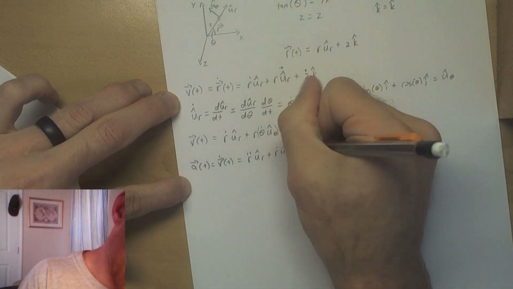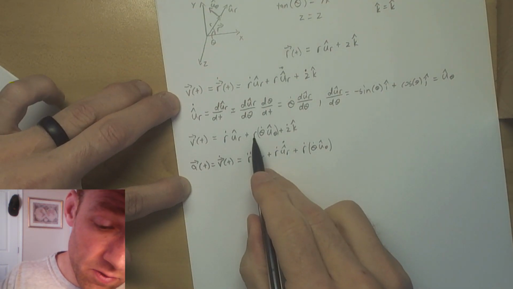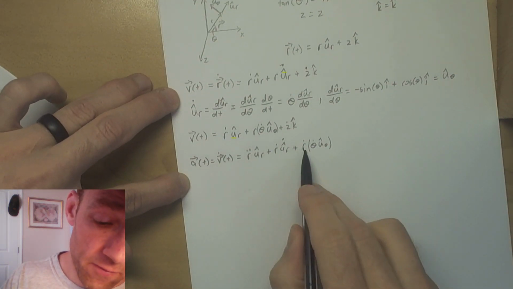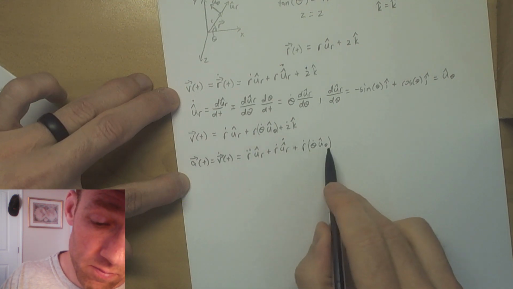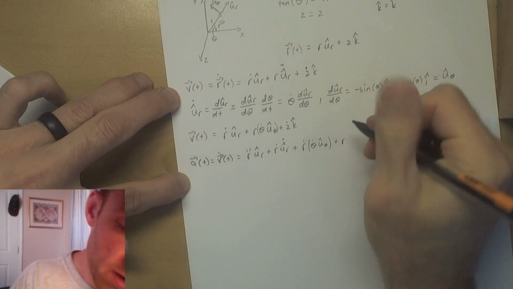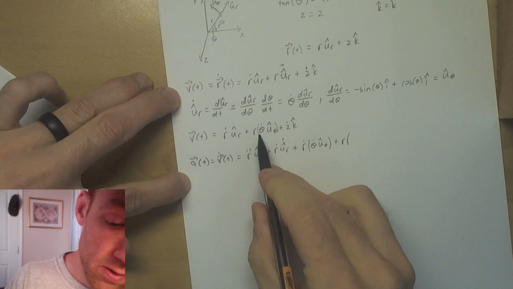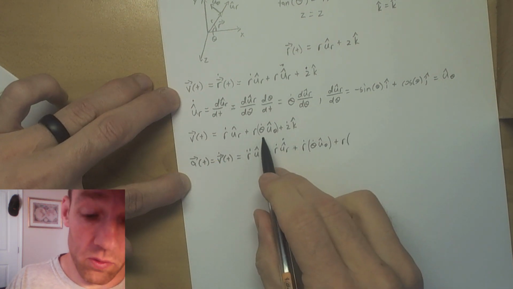Sorry about that. There should be a plus sign. So as far as this term is concerned, the derivative of the first times what was in the second, plus the first, which is r, times the derivative of the second, but this time I got to apply the product rule one more time.